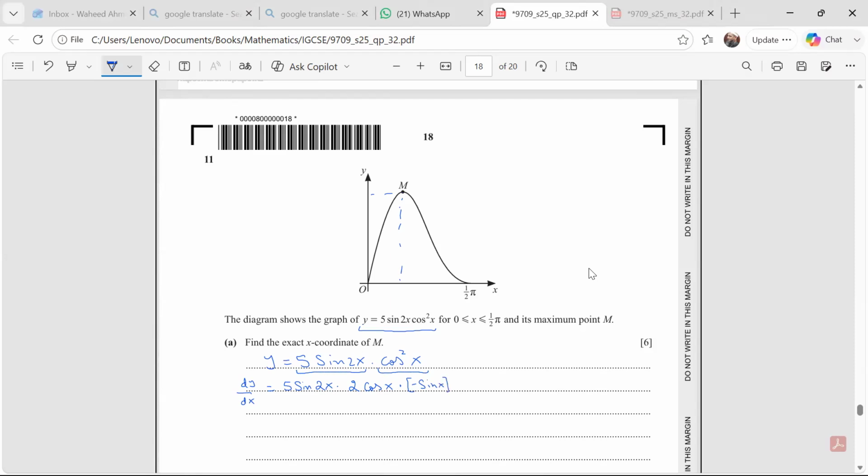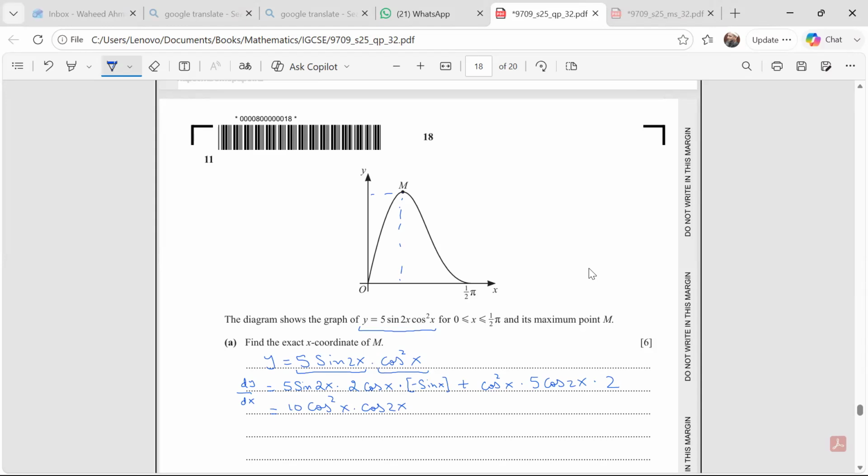So first function into derivative of the second function plus second function, which is cos square x, into derivative of the first function. So it is 5, and sine 2x would be cos 2x into 2. I hope this is all clear. So this will be 5 times 2 is 10, and cos square x into cos 2x.